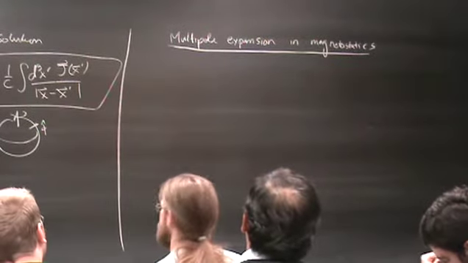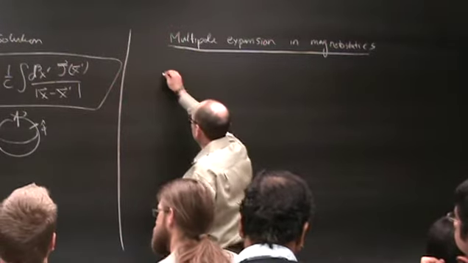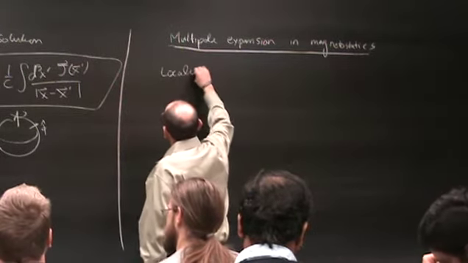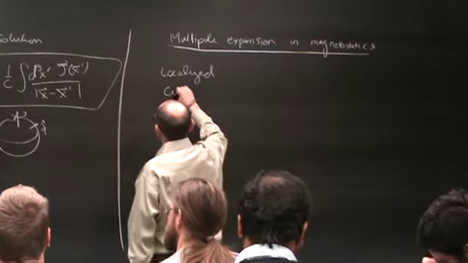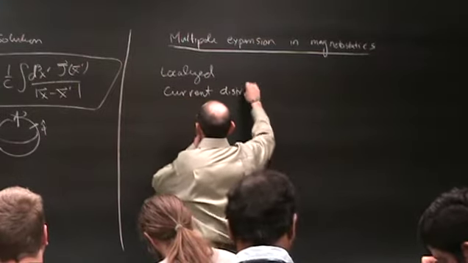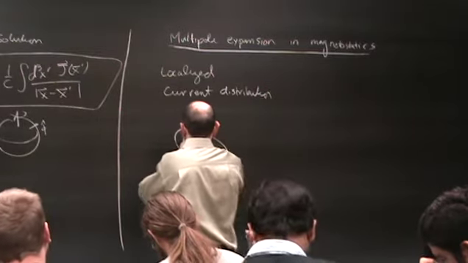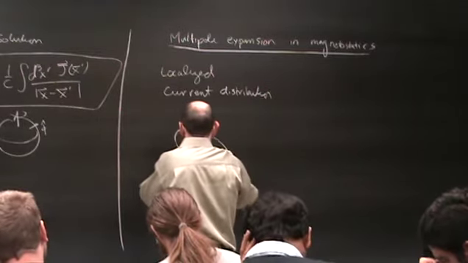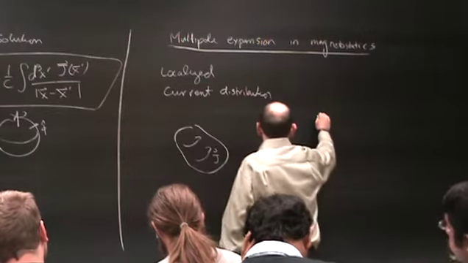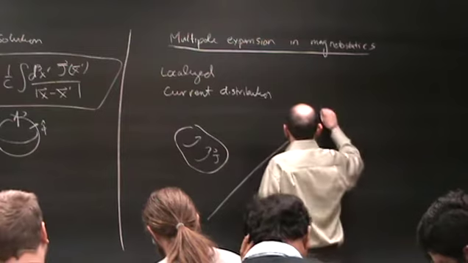So the problem, as we had in electrostatics, is that we have a localized current distribution, and we want to find the magnetic field.